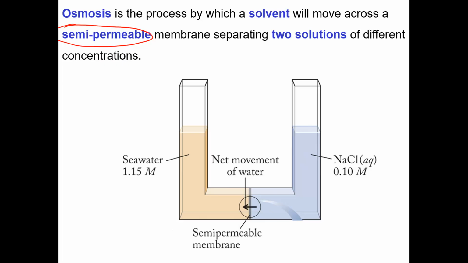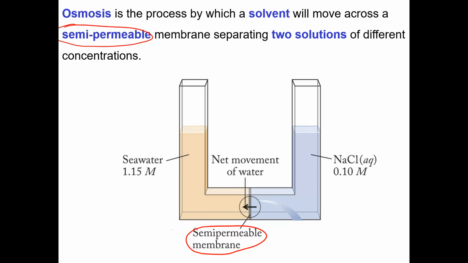These membranes are described as semi-permeable because they allow some things to move across, but not other things. In this case, the membrane will allow solvent to move, but not any solute particles.